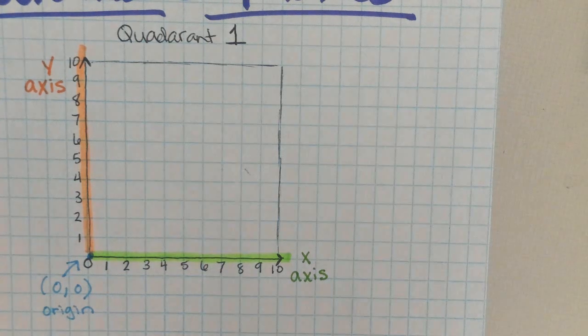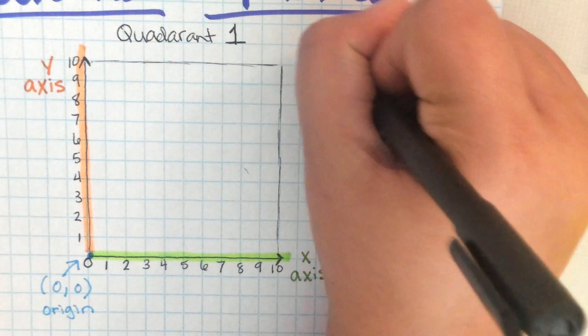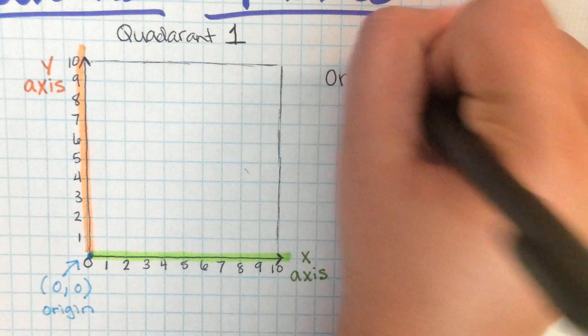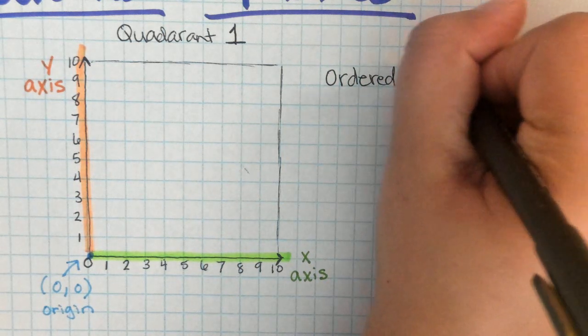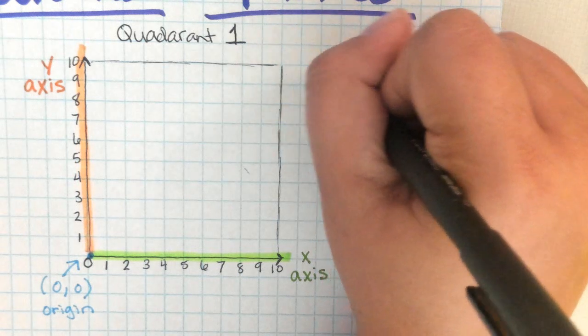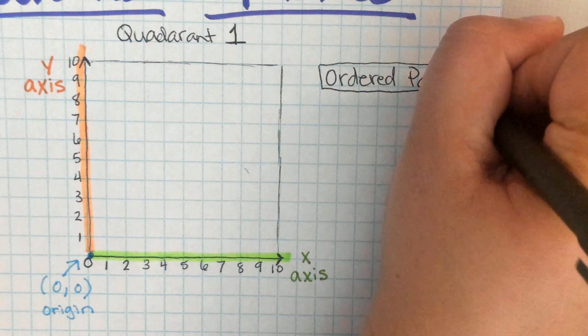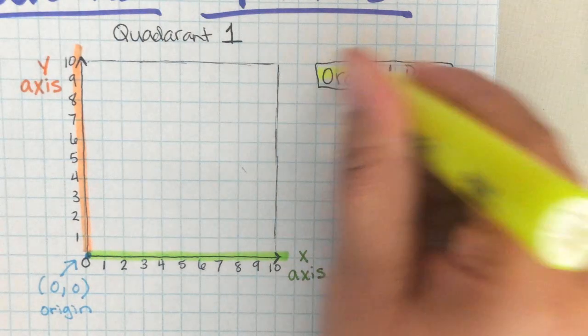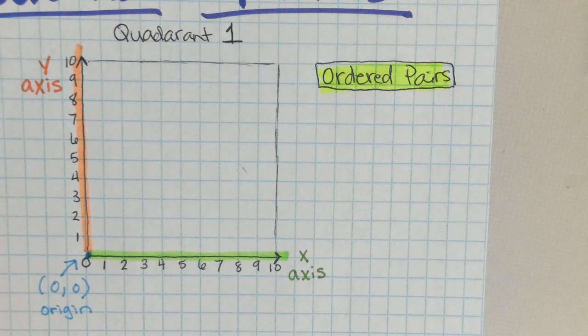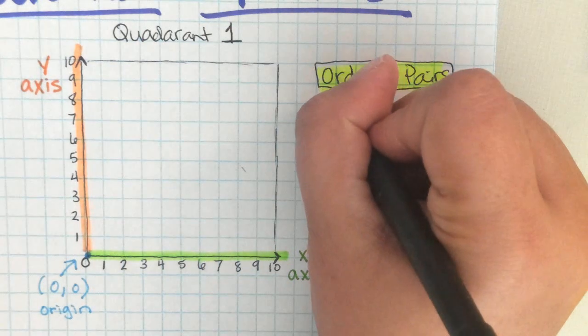When we graph, we look at ordered pairs. So I'm going to make a title, ordered pairs. When I think about an ordered pair, I know that I have two numbers.